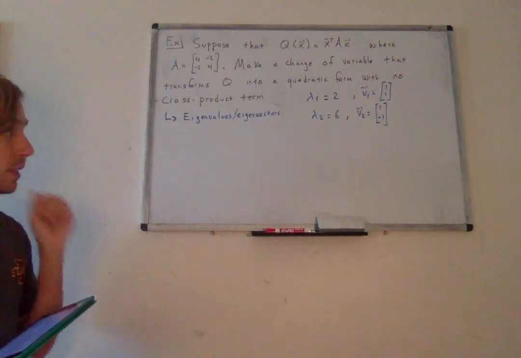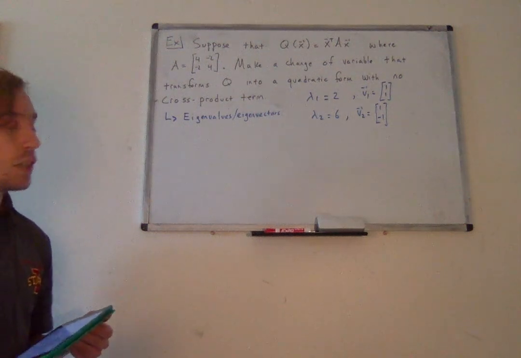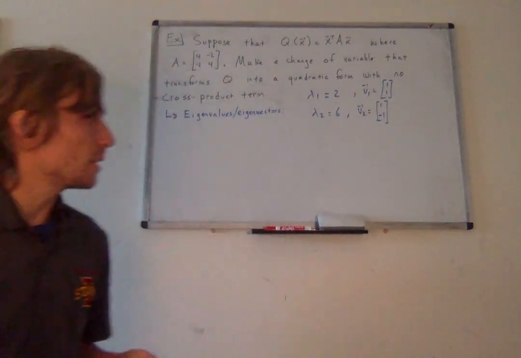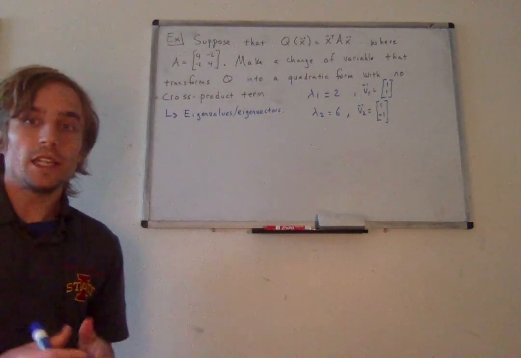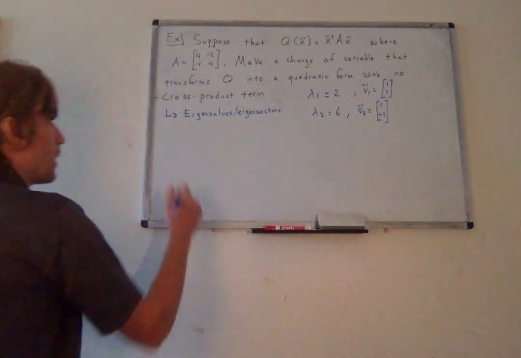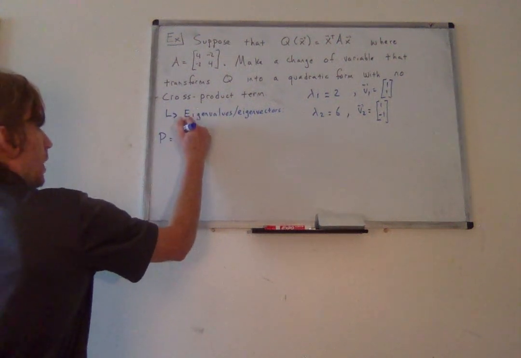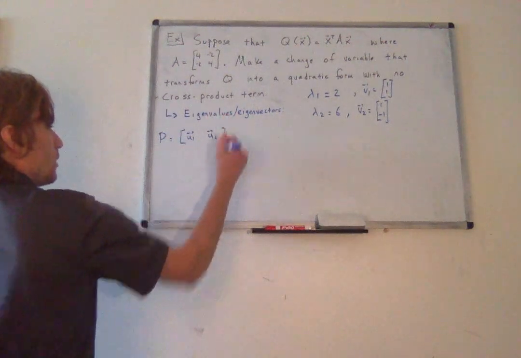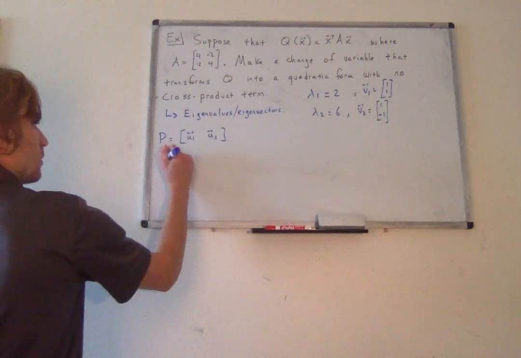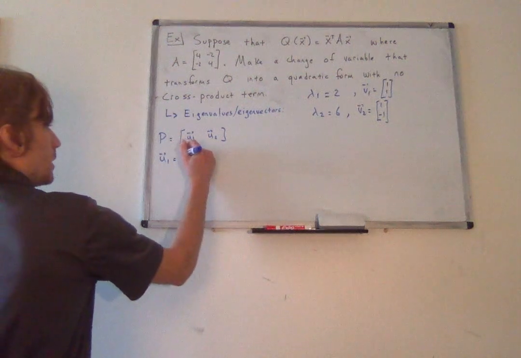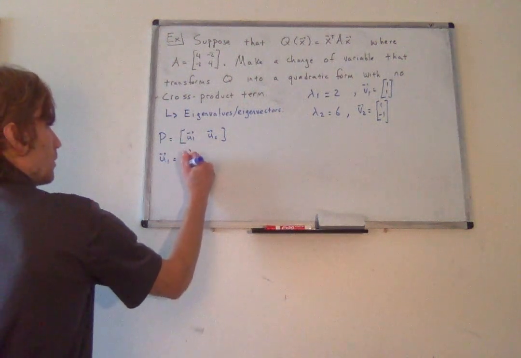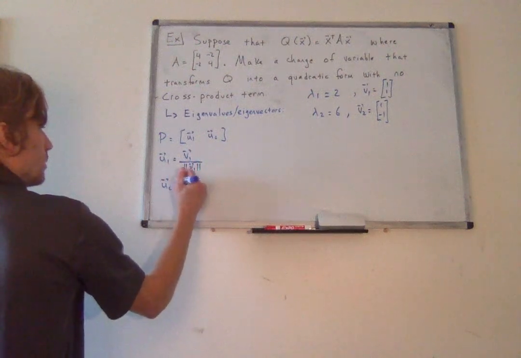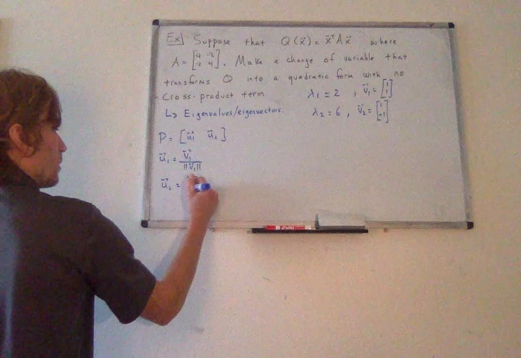So the good news is that v1 and v2, since A is symmetric, are automatically orthogonal. The bad news is that these are not normalized vectors. Remember, we want P to be an orthogonal matrix, which means the columns of P should be orthonormal vectors. So here u1 is going to be the normalized vector v1, and u2 is going to be the normalized vector v2.